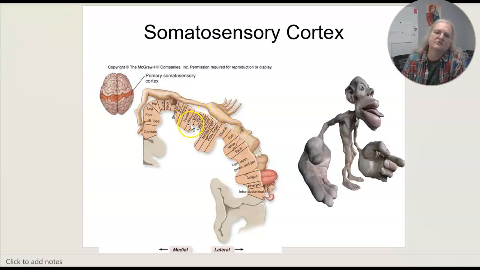So along this strip, if you go from about here all the way up to here, that's a lot of brain space dedicated to receiving information about our hands. The same thing with our tongue, right? If you bite your tongue, dang, you can hardly see it, but it hurts like the dickens because there's a lot of brain space dedicated to the senses on our tongue.